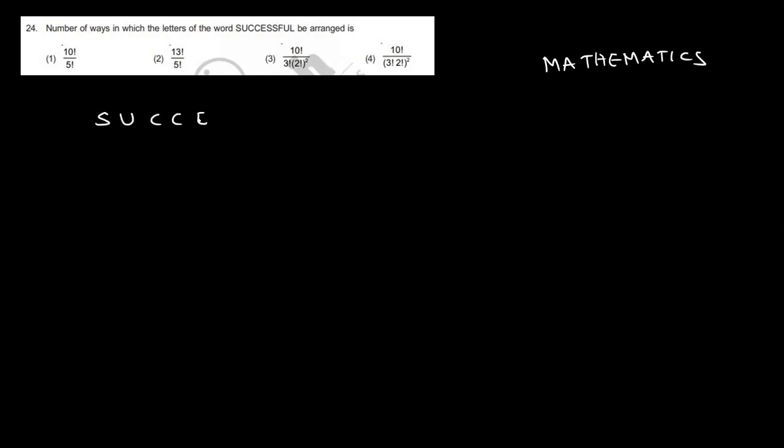SUCCESSFUL means how many letters are there? 1, 2, 3, 4, 5, 6, 7, 8, 9, 10. Completed, answer. Abhinay, Harisurya, what is the answer? The number of ways in which the letters can be arranged.